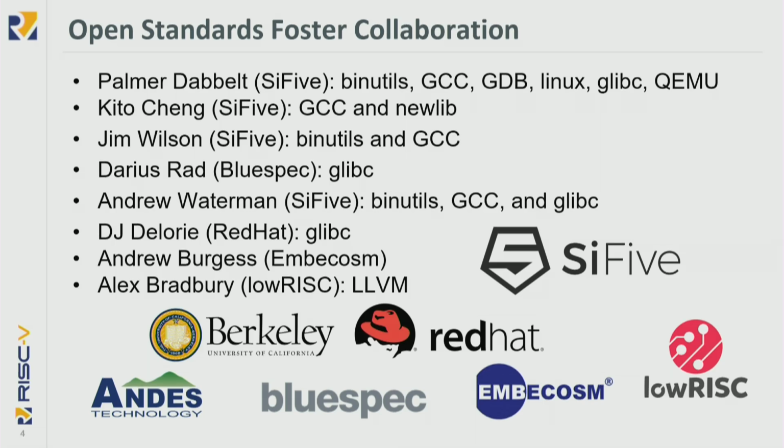So with that in mind, let's start with tools, in particular the open source tools. Because RISC-V is an open architecture with an open ISA, this actually promotes and fosters a lot of collaboration among experts in the area as well as companies, as you can see here, which further emphasizes that open standard does work.